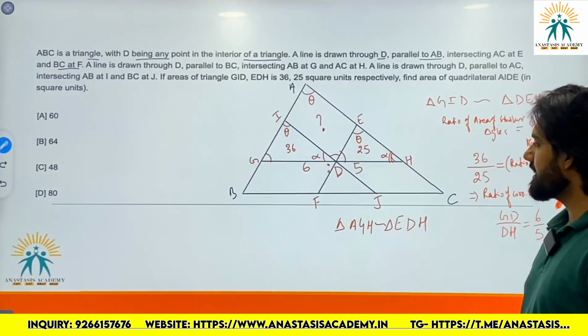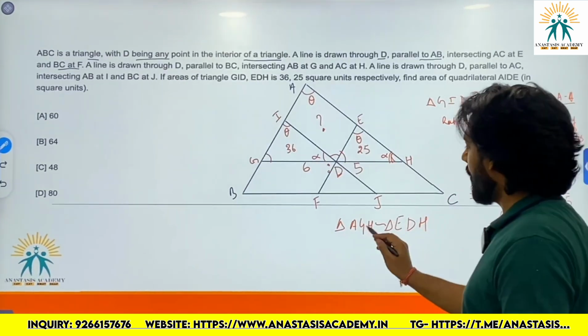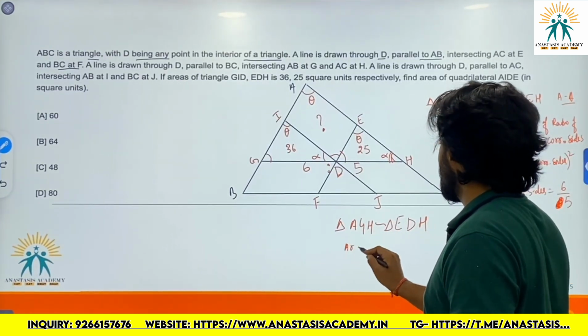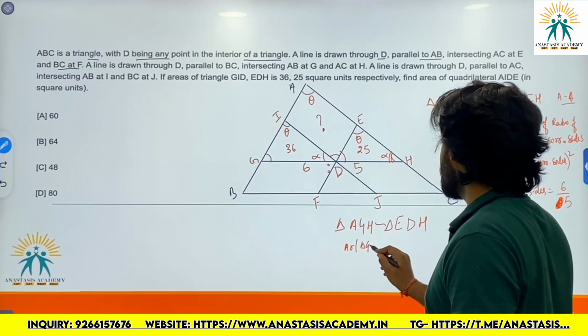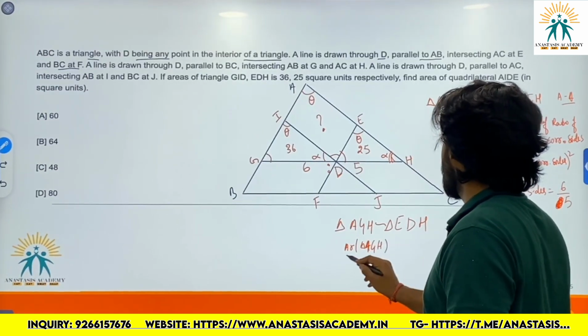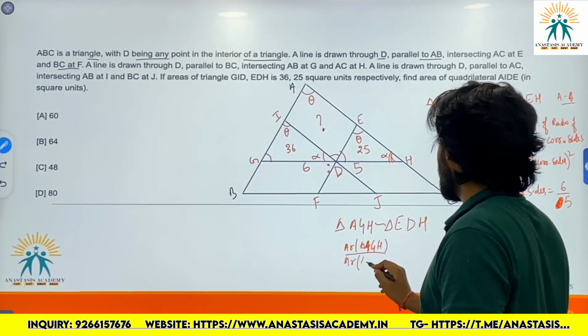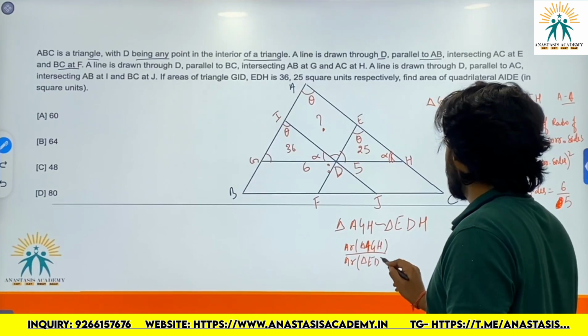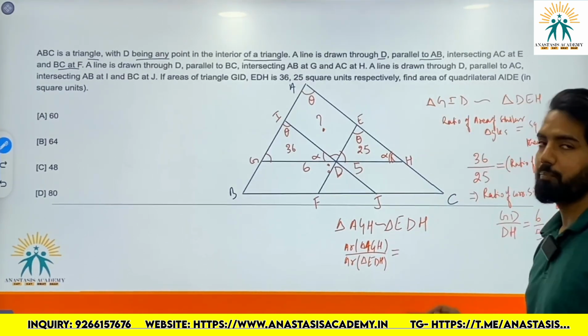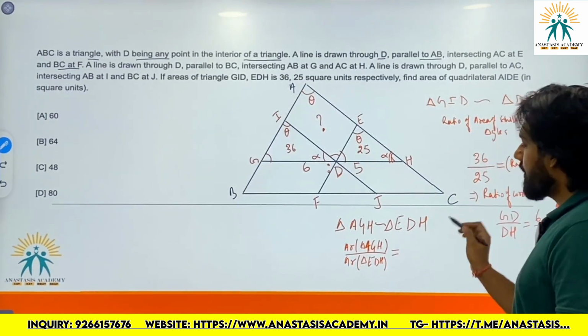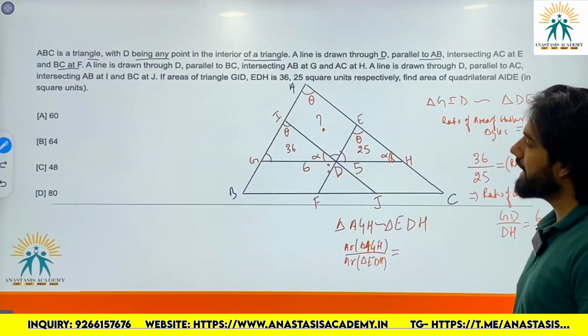If these two triangles are similar, the ratio of their areas, that is area of triangle AGH upon area of triangle EDH, must be equal to the square of the ratio of corresponding sides.